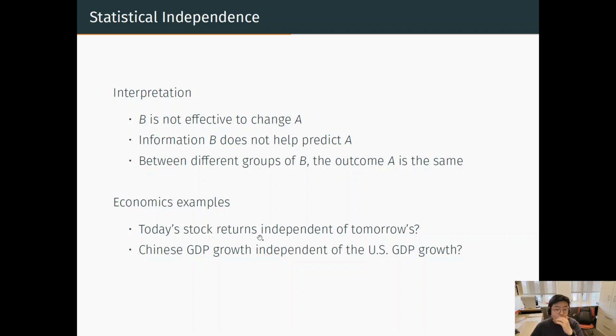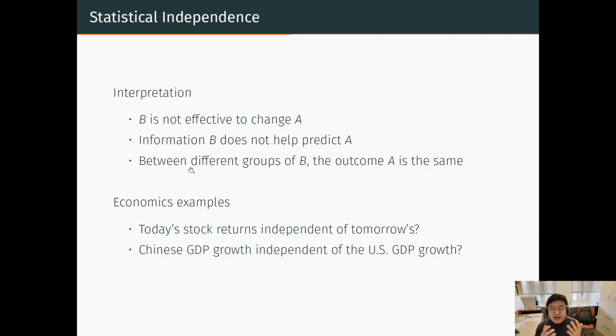It does not help. Or if you believe that Chinese GDP growth is independent of the United States GDP growth, then you don't need to look at Chinese GDP when you are worried about the United States GDP. Of course, these are not true. These independence will not hold in reality, but if you believe they are independent, then your analysis will be much easier, if you can rule out some information in your analysis.